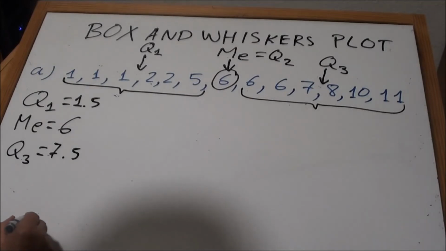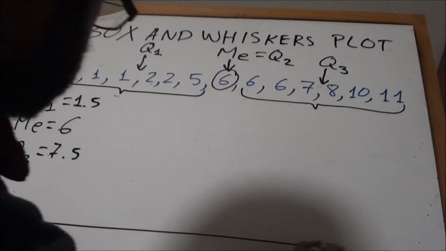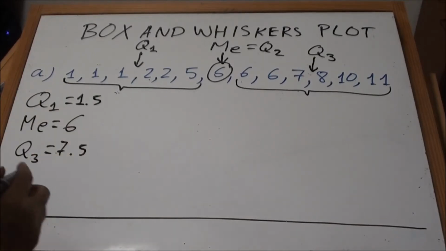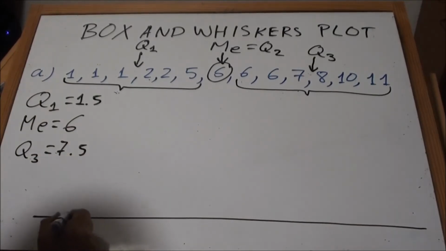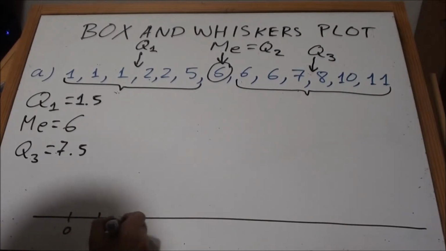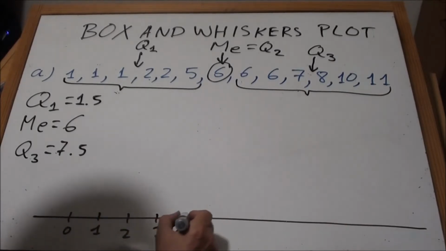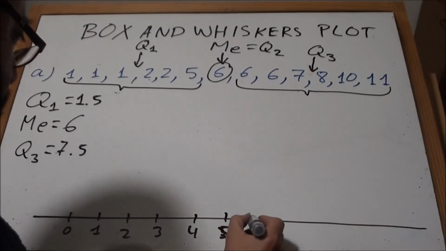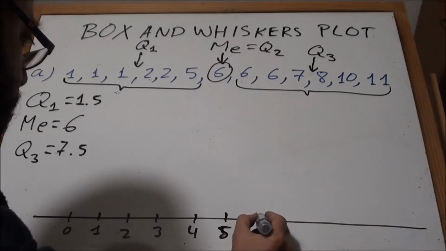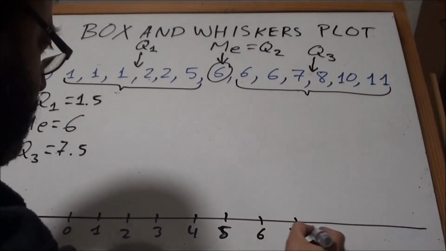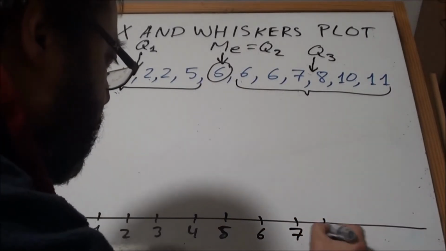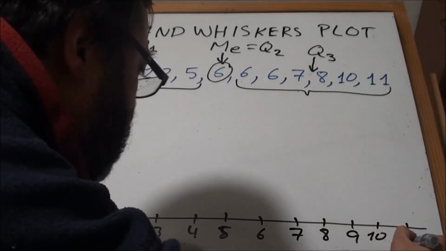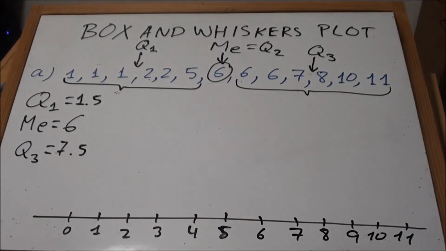First of all, we are gonna draw a ruler. So in the first place, let's make a ruler here. We start with 0, 1, 2, 3, 4, 5, 6, 7, 8, 9, 10, and 11.